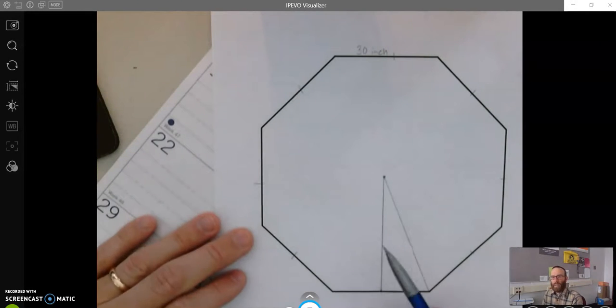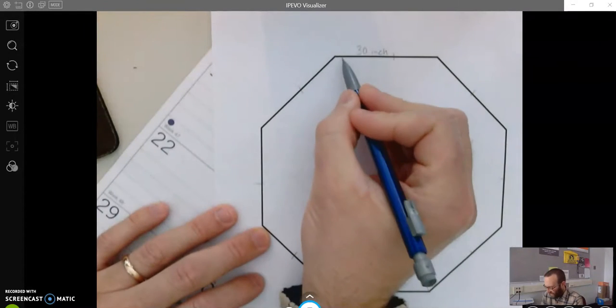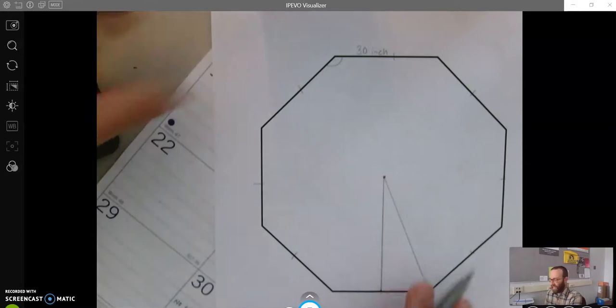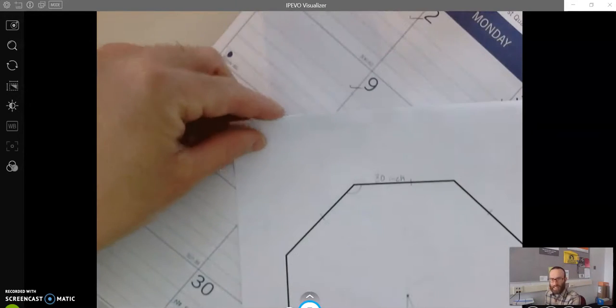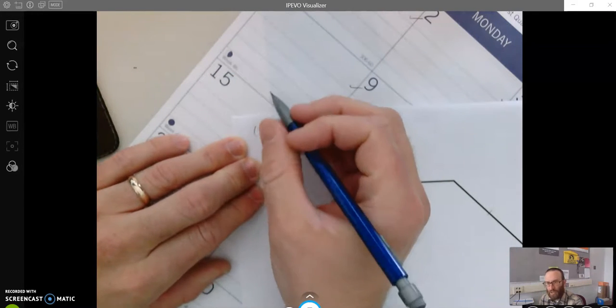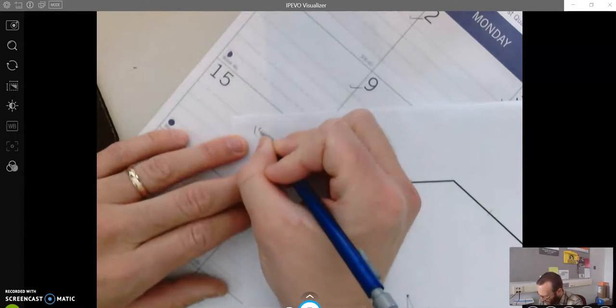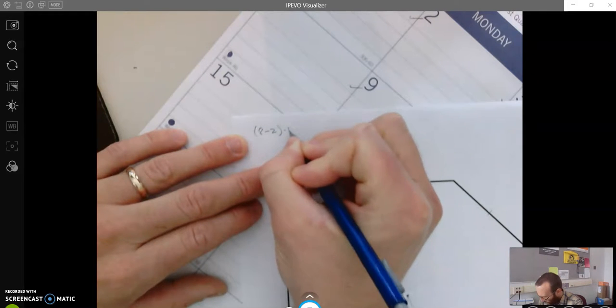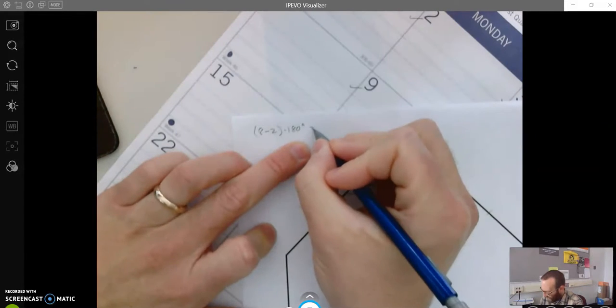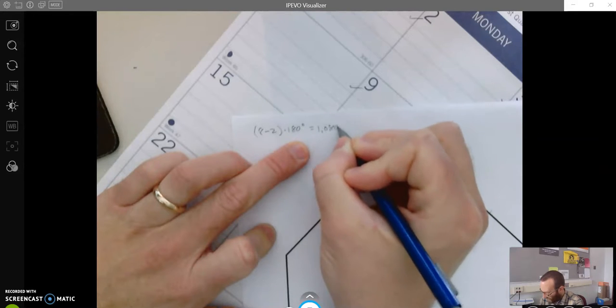Before I get down here, though, I want to figure out the size of these angles. Now, if you have your reference list that you made in the last section, we're going to know what this is already. We don't have to go through this calculation every time if we refer back to that list. But in case you need a nice little review, remember we're going to take the number of sides minus 2 times 180. So 8 minus 2 times 180 gives me 1,080 degrees.